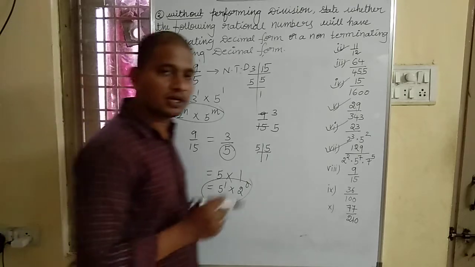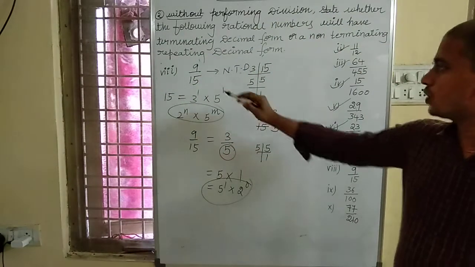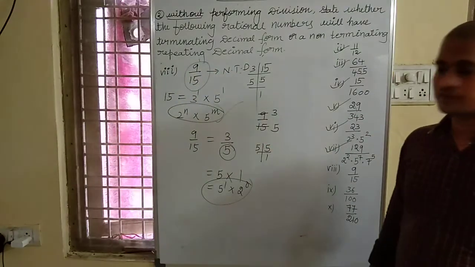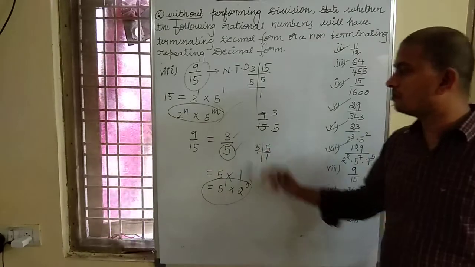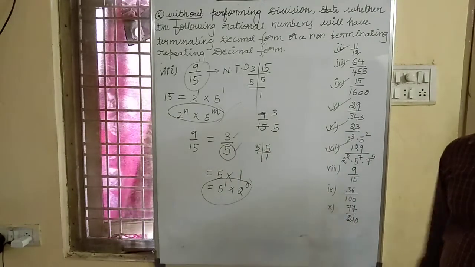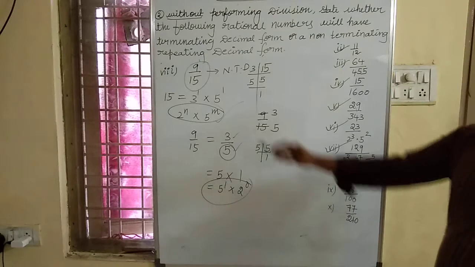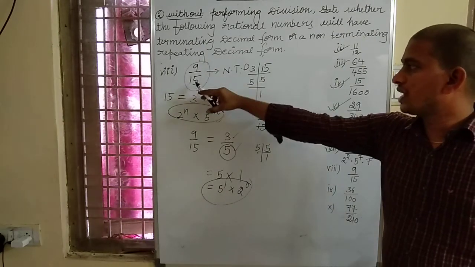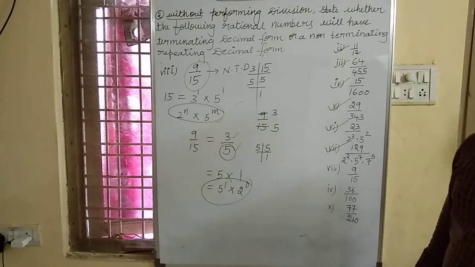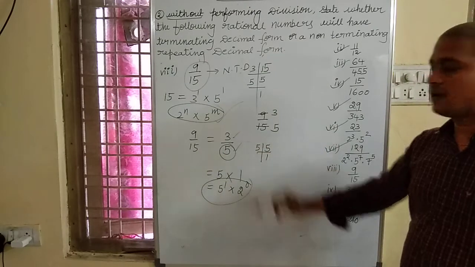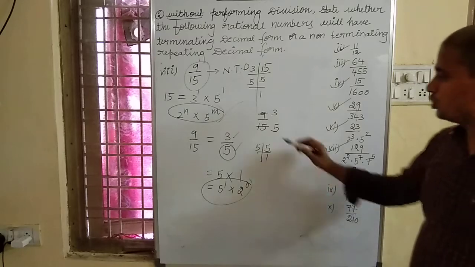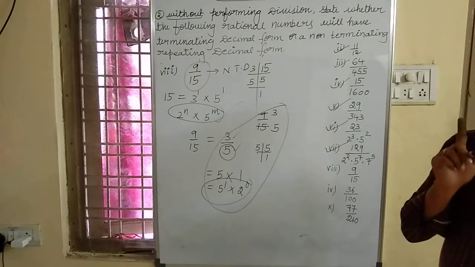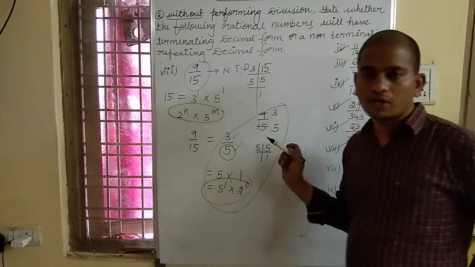Observe the difference: without converting into standard form, we got a non-terminating decimal. After converting into standard form, we got a terminating decimal. If you do it with 9 by 15, it is not a terminating decimal. If it is 3 by 5, it is a terminating decimal. So you have to first convert it into standard form. That is the important point here.